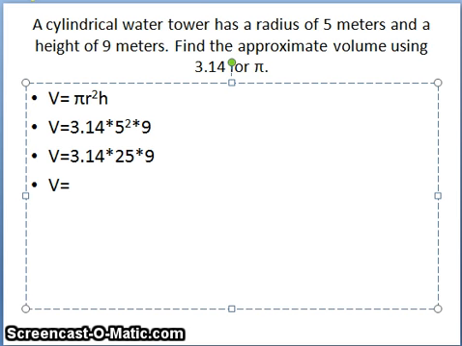So volume equals 3.14 times 25 times 9, which is 225. And now I'm going to multiply the 3.14. You might notice that I chose to multiply the 25 and the 9 first instead of multiplying the 3.14. That's because I like to keep the whole numbers as long as possible. So 706.5.